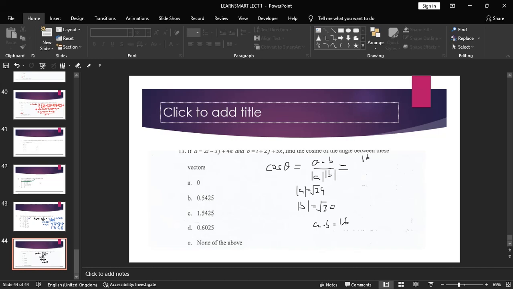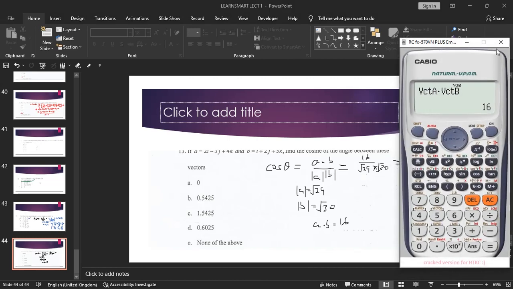Now let's just punch that into this expression. We have 16 on root of 29 multiplied by root of 30. So let's punch this on our calculator.